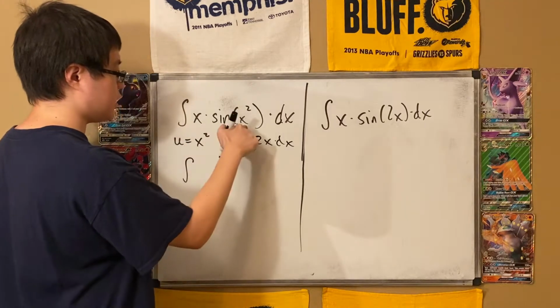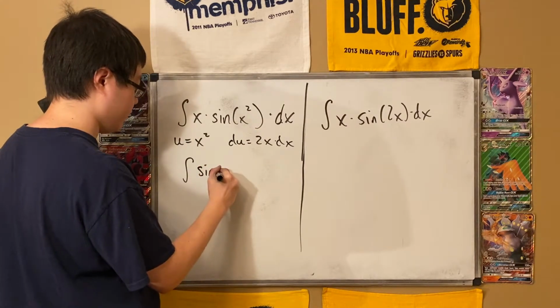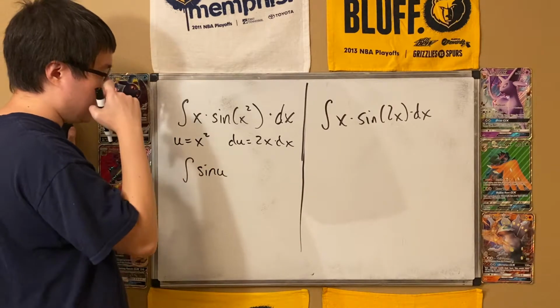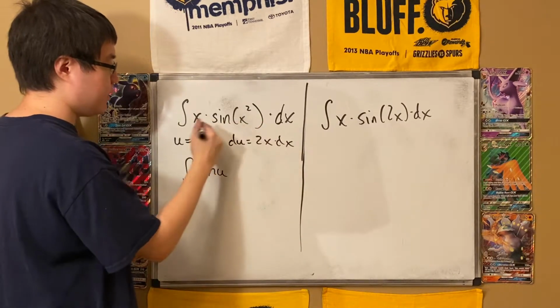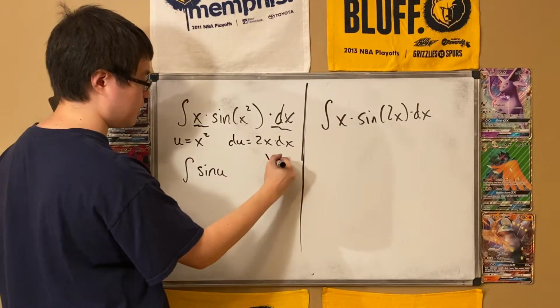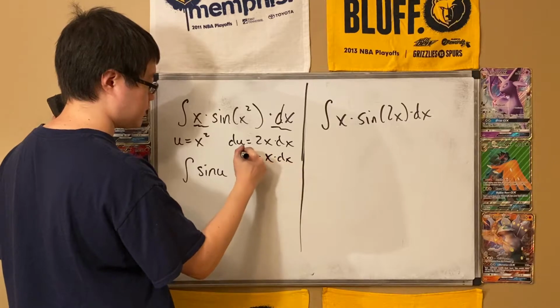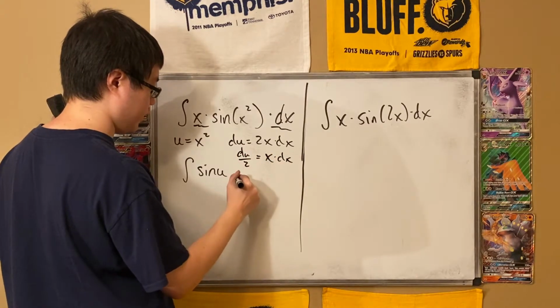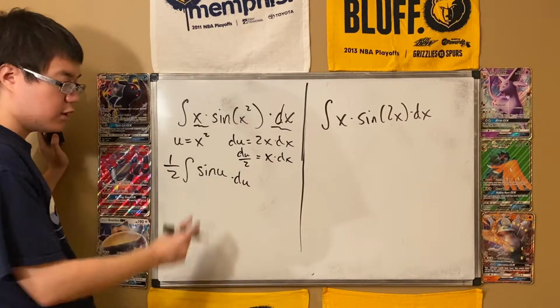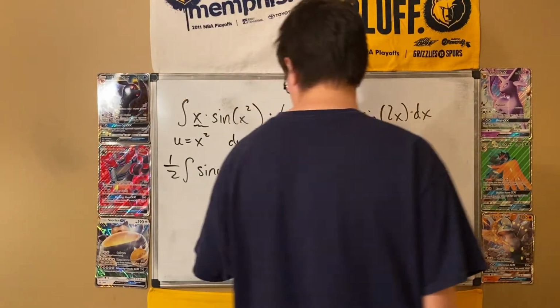We chose this u so that we can place it right here, sine of u. Then we are going to replace these remaining x's. I'm going to use this line to isolate my remaining x's. Looks like it's going to be du over 2, so we're going to write du. We could write divided by 2, but oftentimes it's easier just to bring out the constants, so that's what we're going to do.